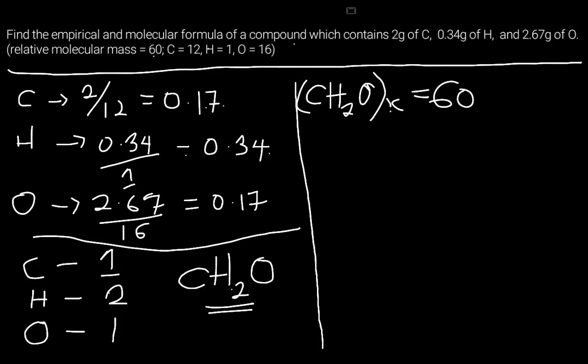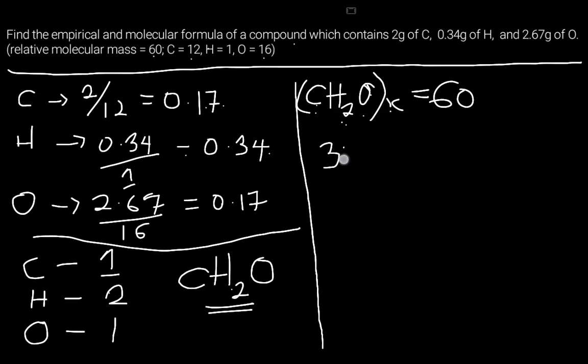So 12 plus 1 times 2 is 2, so 14, plus 16 gives us 30.